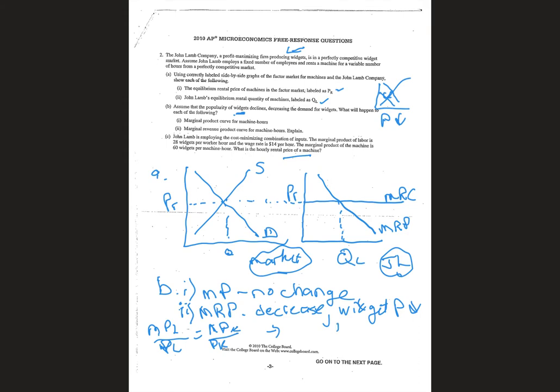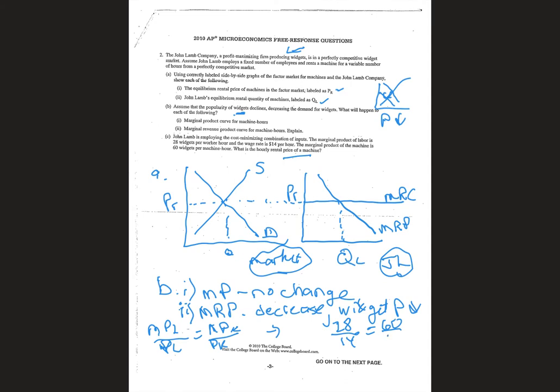Well, it tells me the marginal product of labor is 28 widgets per worker, the wage rate is $14 an hour, the marginal product of the machine is 60. Okay, so that's going to go in my numerator there.